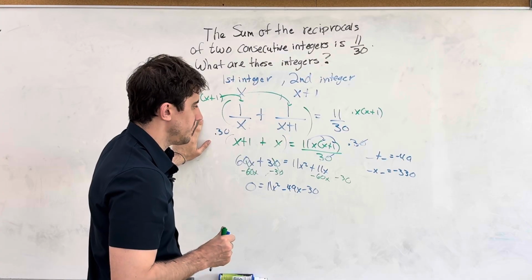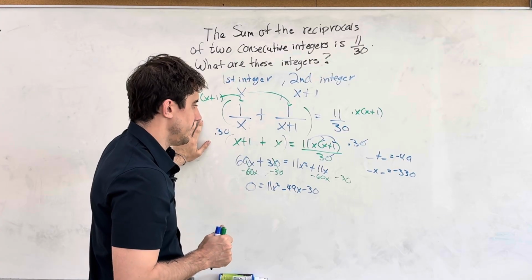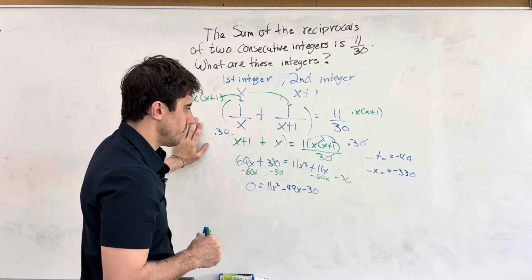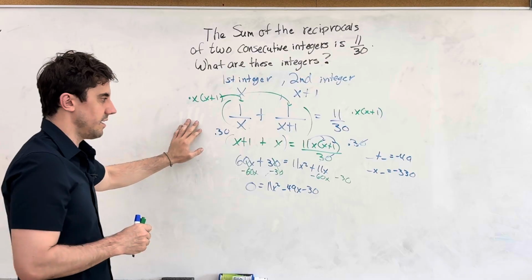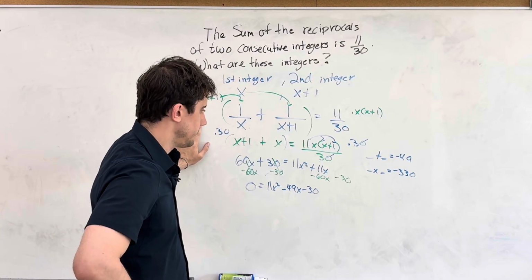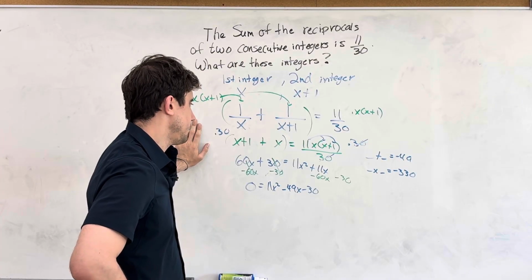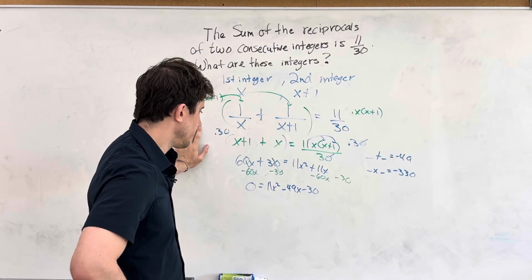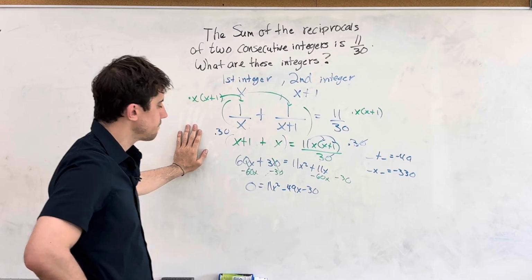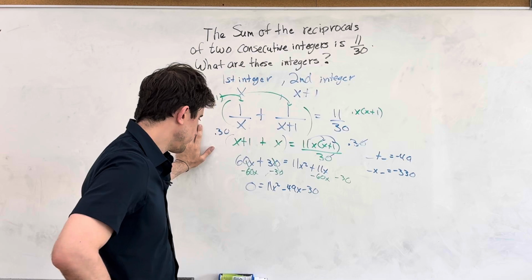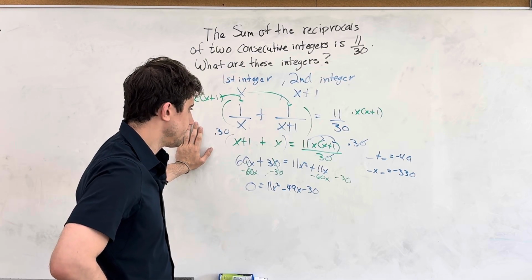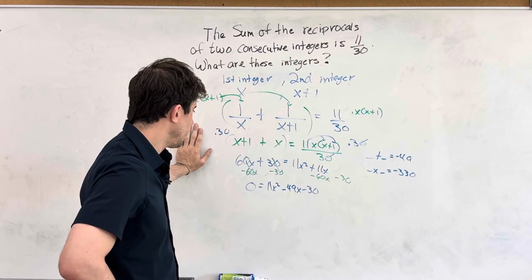We have 5 and 66. That won't work. What do we have here? 11 times 30. We could do 22 and 15. That won't work.